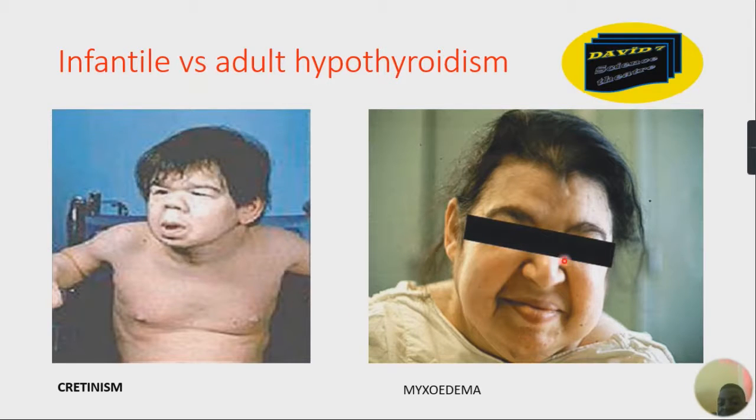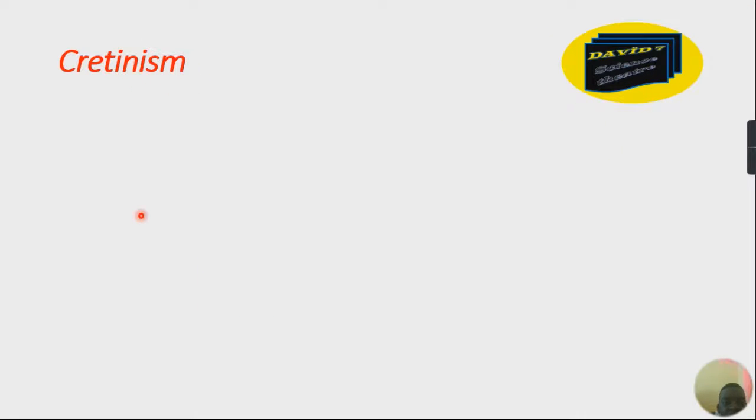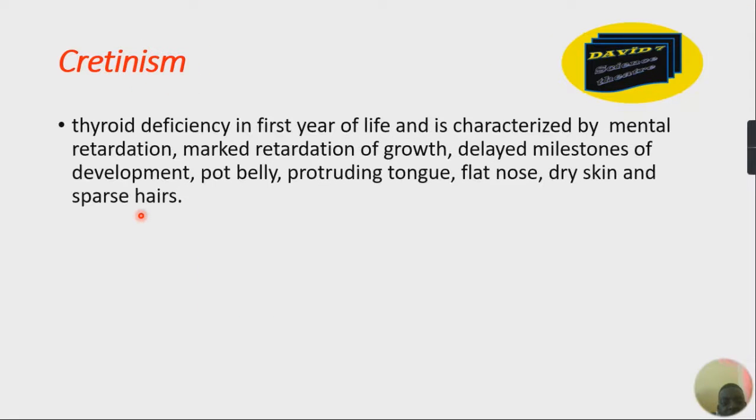This one, myxoedema, shows fat in the cheeks and edema. Anything you look at, you can see there's edema. This person here is adult hypothyroidism causing this. This is infantile hypothyroidism. So we're starting with cretinism.